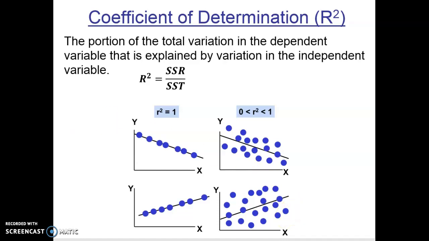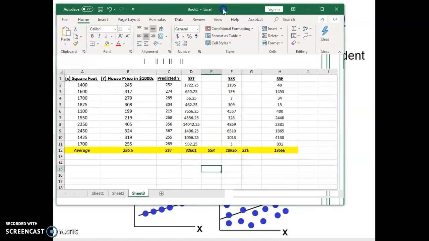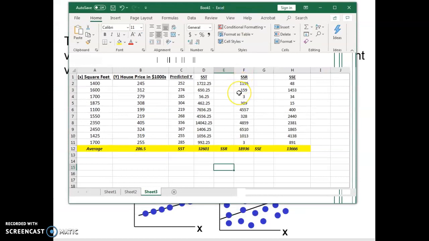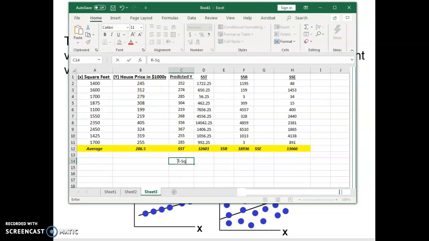All right, let's now look at our data set and actually calculate the R squared. Going back to our square feet and home prices, we know that R squared is going to be the sum of squared regression divided by the sum of squared total. So we'll just put a formula in here.